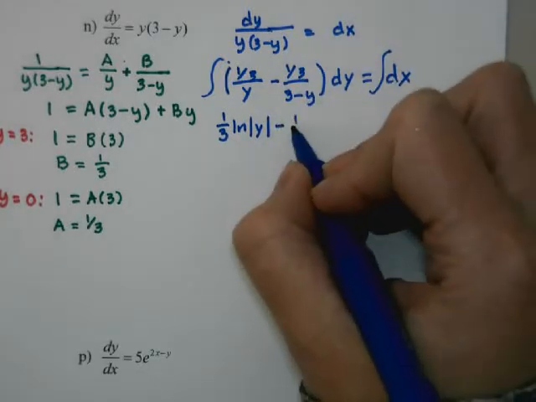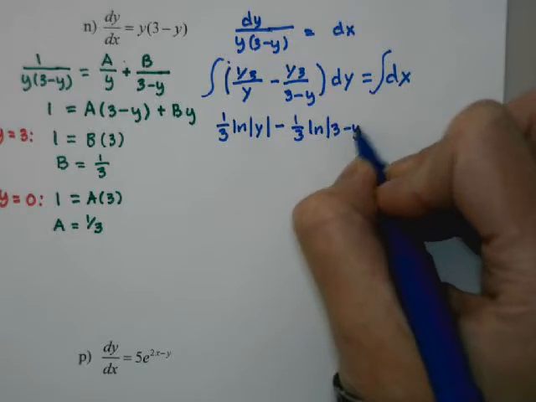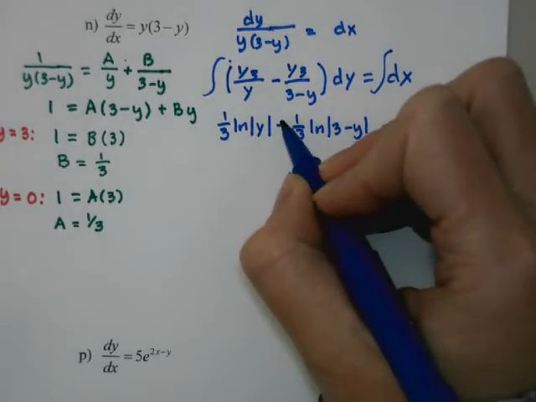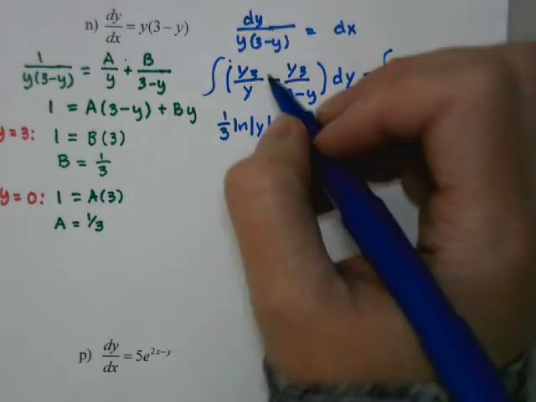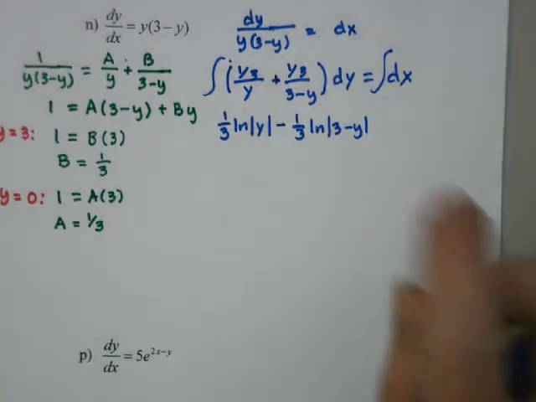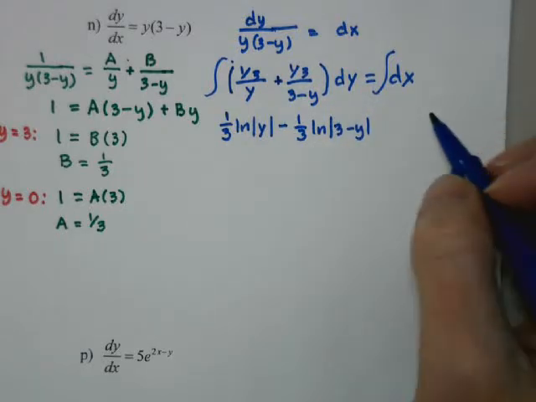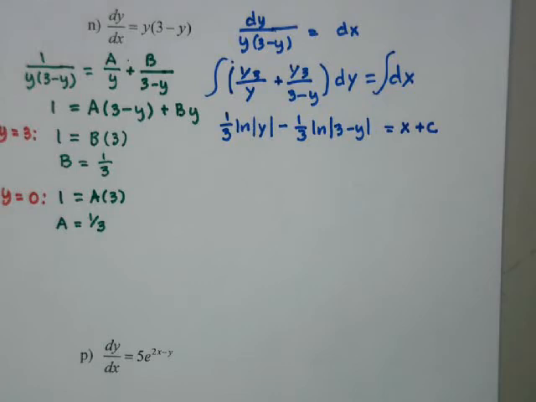This one's going to be negative 1/3 natural log 3 minus y, but because of this negative, we'd have to undo the negative. Sorry, this is plus. So this would be plus, but then because of that, we get a negative there. Equals x plus c.